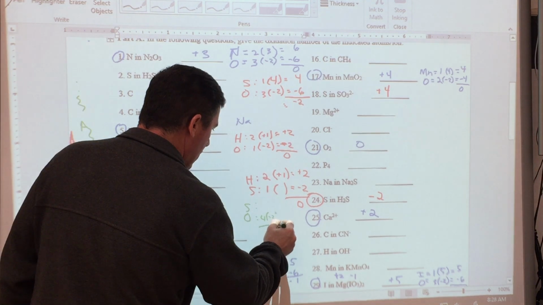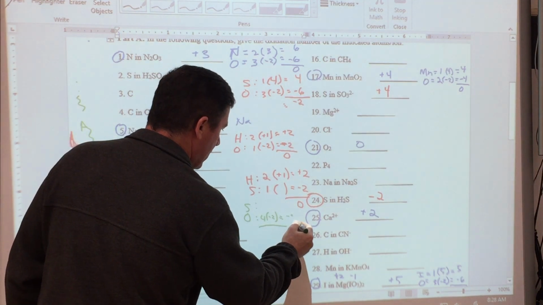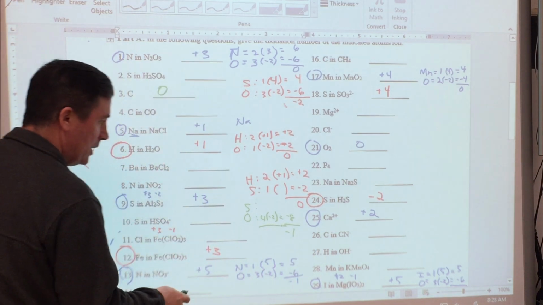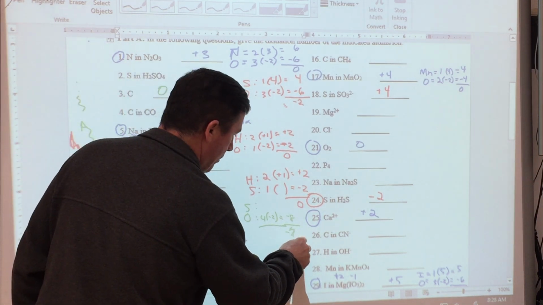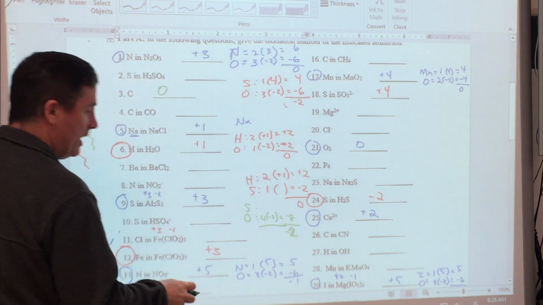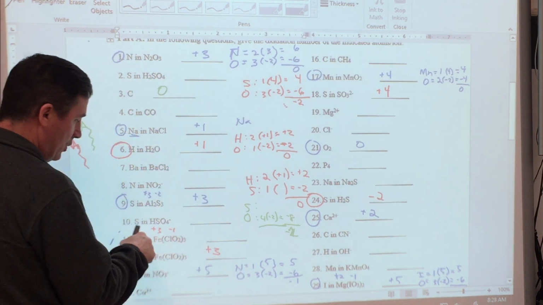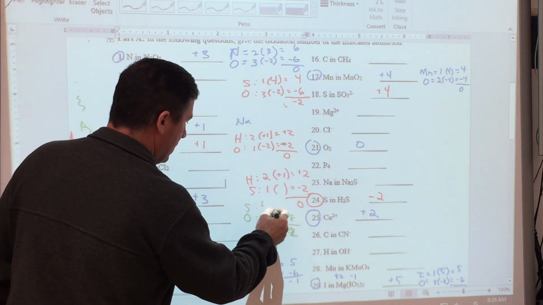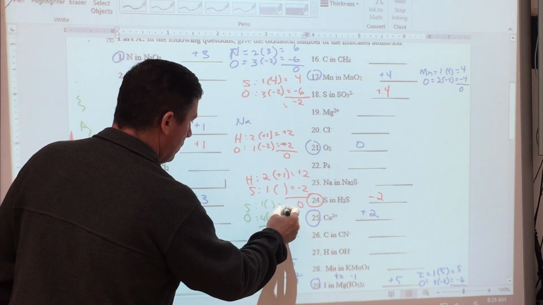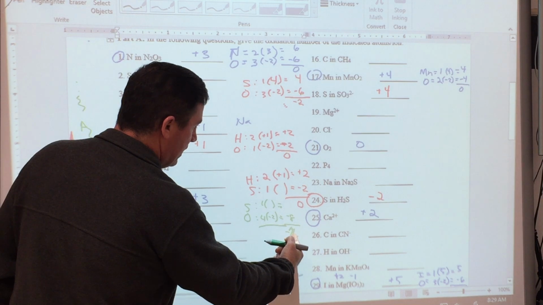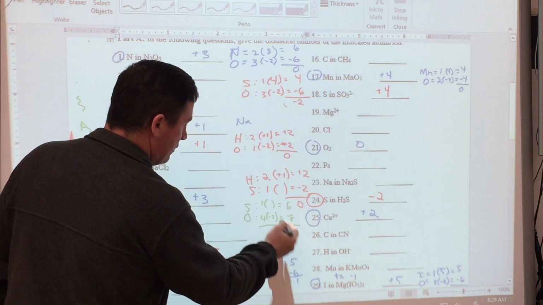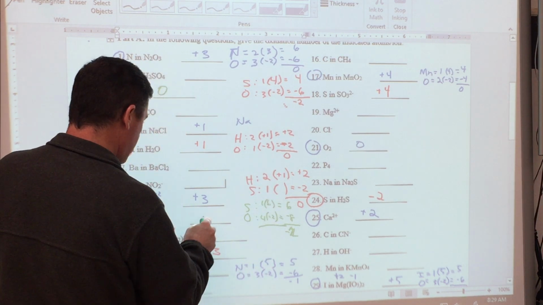I know each oxygen is -2, so it's a -8. My total here is to be -2, because SO4 is a -2. Sulfur, there is 1 of them. This is my unknown. And -8 and -2, this has got to be a 6. 6 plus -8 is -2, so this is a 6.